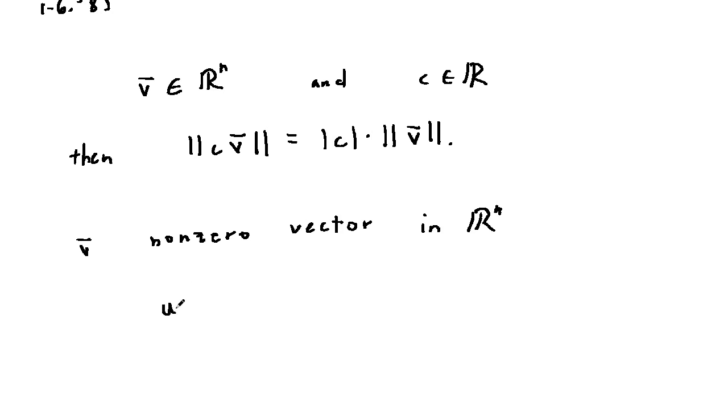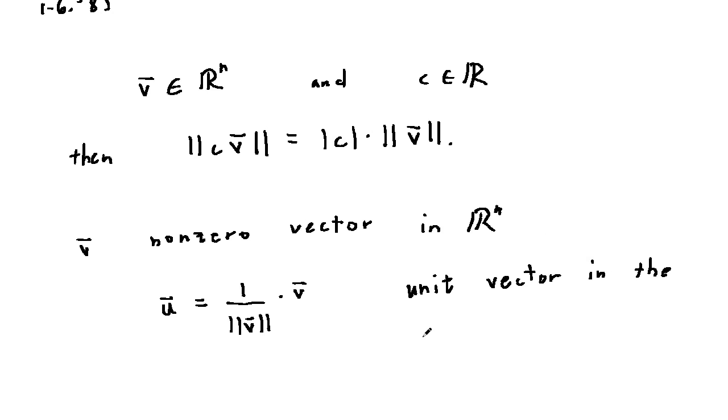So we can form this vector u by taking 1 over the norm of v and multiplying by v. This is called the unit vector in the direction of v. As you can see, it's just the vector v scaled by the norm of v.